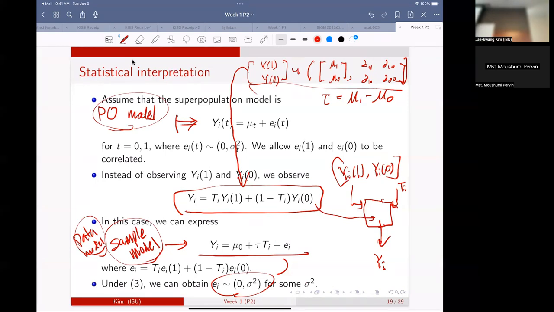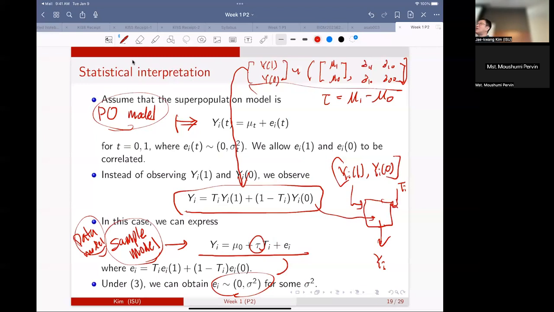And the nice thing about the sample model is what? You observe a sample, right? So you can do regression or whatever, so you can basically estimate the parameters in the sample model using the sample data. That is the key part. And then the only thing is the connection. It turns out that this particular parameter happens to be our parameter of interest.